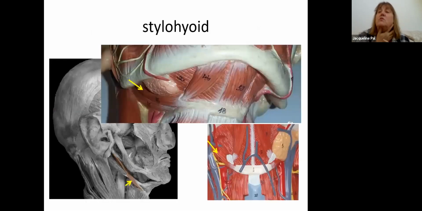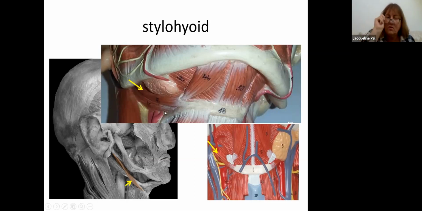Now, that muscle that sits between the two goes between the stylohyoid process and the hyoid bone. And that's why, because the stylohyoid process is actually anterior to the mastoid process. So that's why it sits between the two bellies. So that's that muscle that you clearly can see between the two bellies of the digastric.